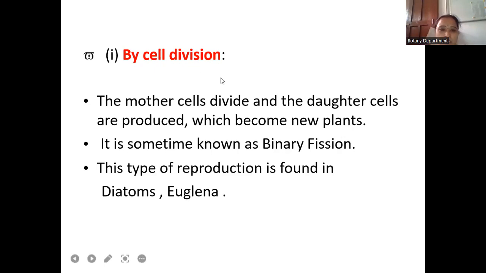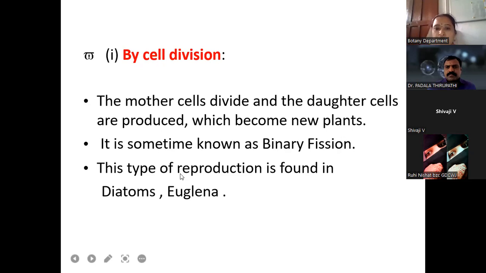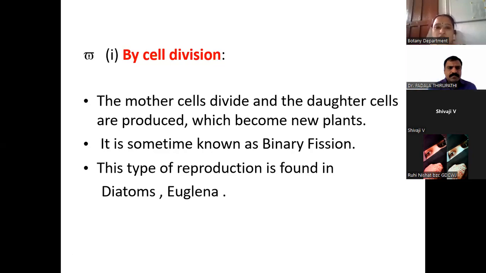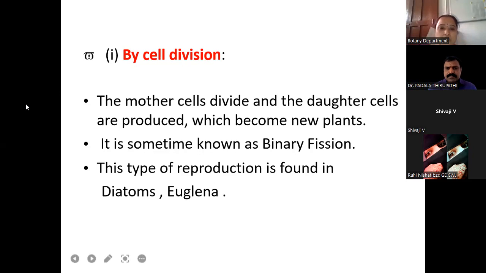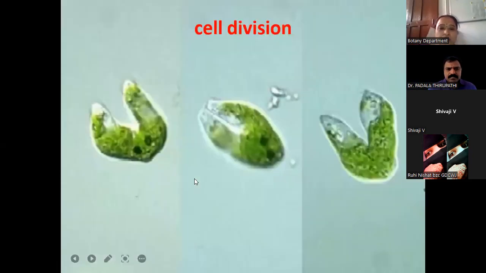This type of reproduction can be observed in diatoms and Euglena. Diatoms are Bacillariophyceae members and Euglena is a Chlorophyceae member. If you are asked the question, the type of vegetative reproduction where you can observe cell division or binary fission, both diatoms and Euglena are the best examples. See here, you can observe this.